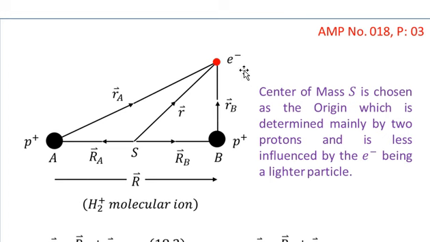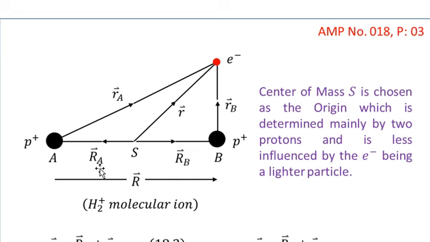And then we have the separation of the electron from the center of mass, which is designated by capital S, and this separation is represented by r. So r is the separation of the electron from the center of mass. This center of mass is mainly determined by the nuclei A and B, because these are the heavy particles, and the contribution of the electron in determining the center of mass of this geometry can be ignored.